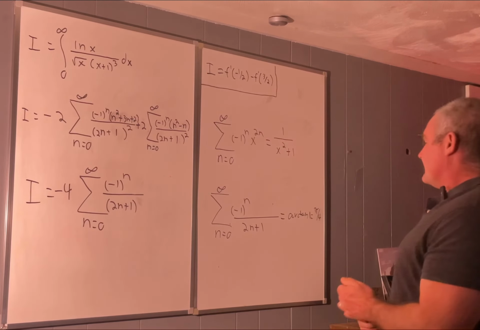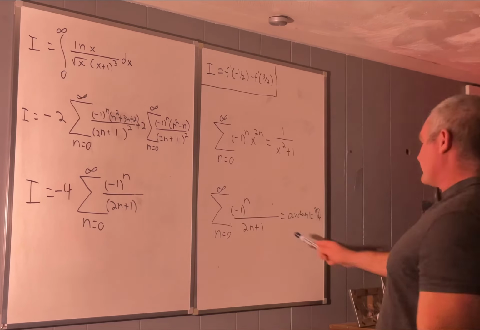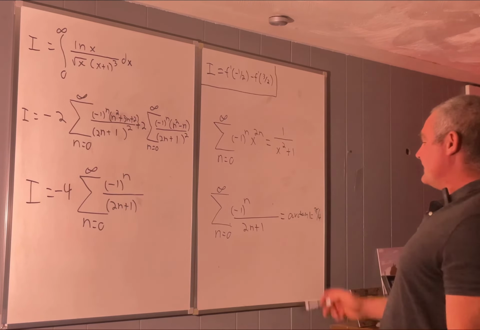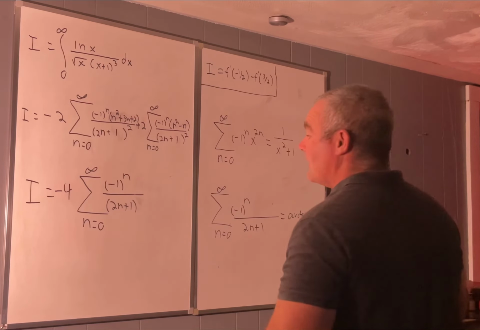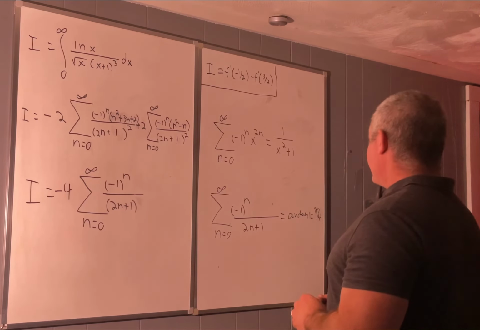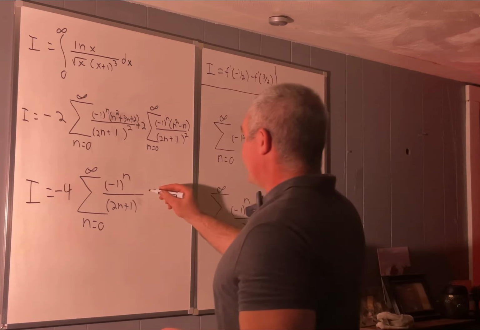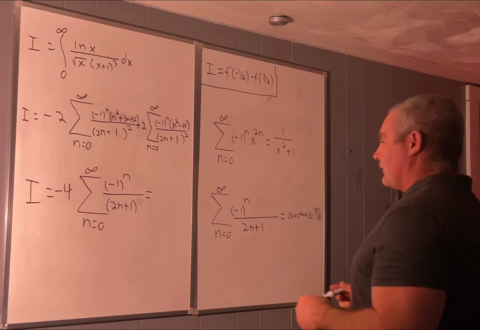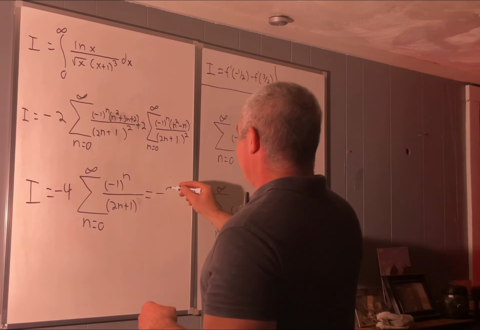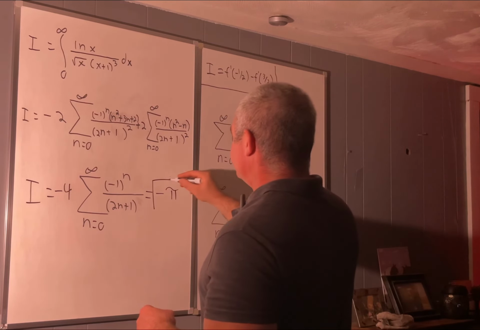Okay, so anyway, this is still true. So this right here is equal to pi over 4. So the entire thing is equal to -4 times pi over 4, or just negative pi.